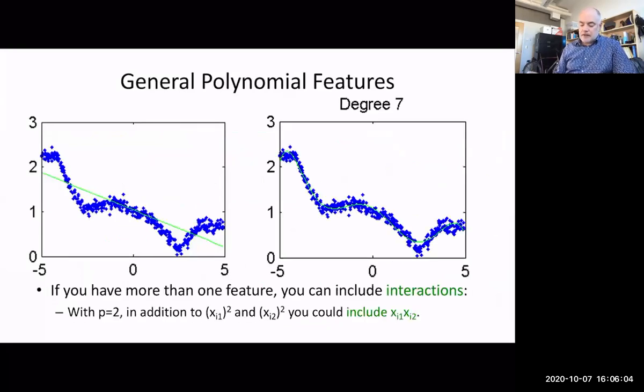So this is the same thing again, right? We have a low order polynomial here, the line, and then we have a higher order polynomial here, which arguably fits this relationship between input and output better.